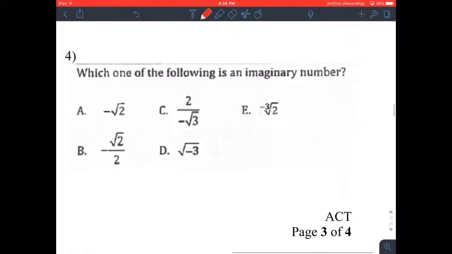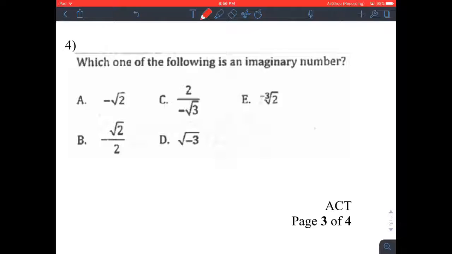Moving on. Which of the following is an imaginary number? This is a positive square root, so it's not imaginary. Positive square root, not imaginary. The negative cubed root of 2, not imaginary. D is imaginary.